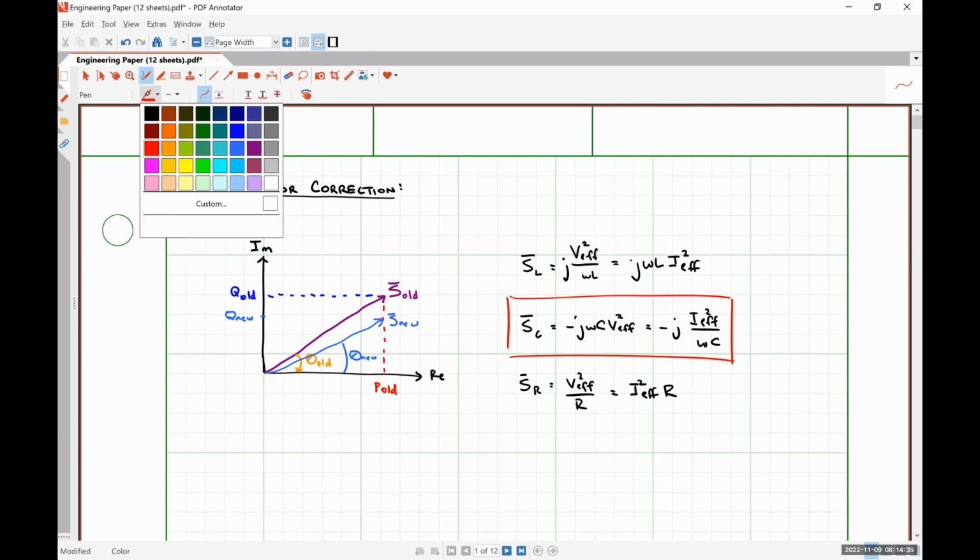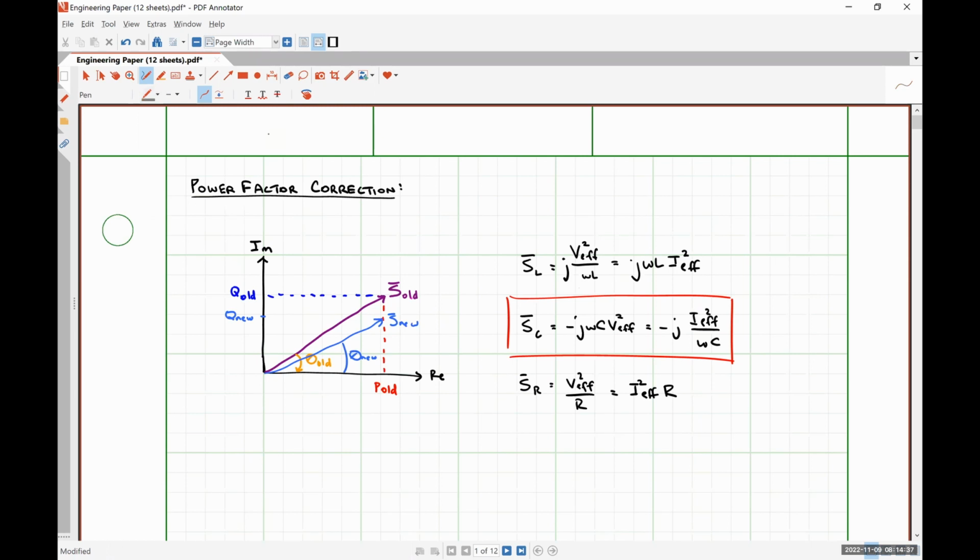So this difference between S old and S new is going to be S cap. So effectively, if we want to hit a specific power factor, we now graphically have a relationship to figure out what size capacitor we would need to do that.